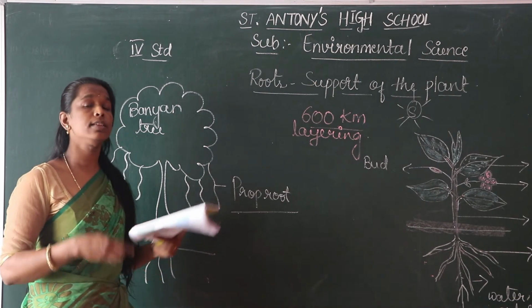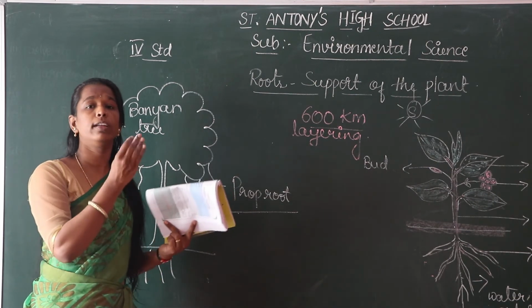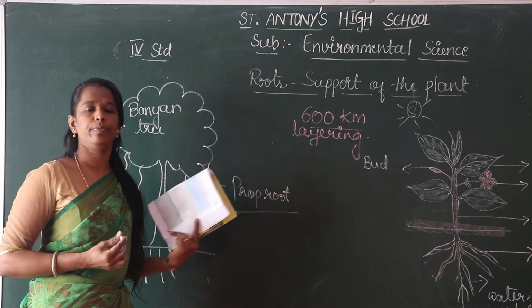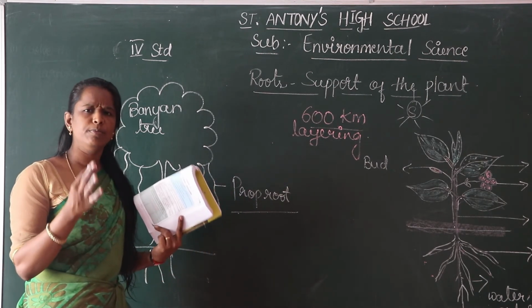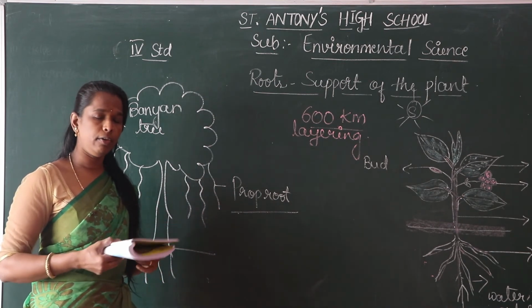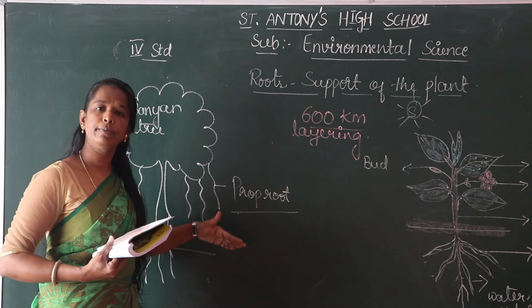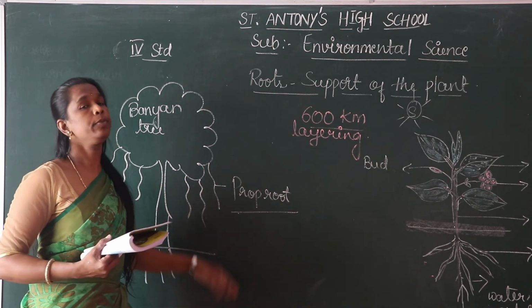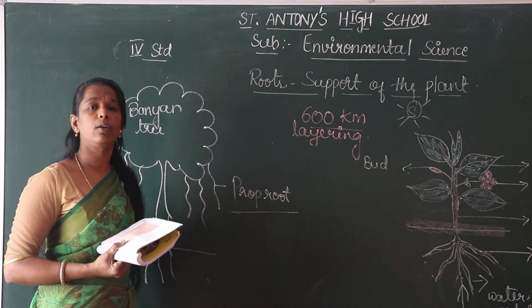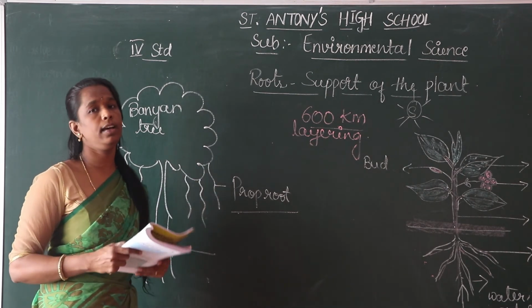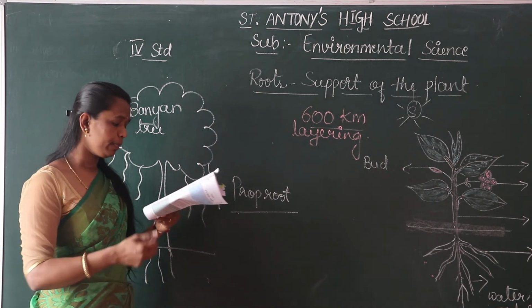So that is called the other plants grown on the tree. Okay. So it absorbs the water from the atmosphere. How do they get the water from the soil? They do not get water from the soil. Okay children? Usually the plants get water from the moisture, means moist air in the atmosphere.